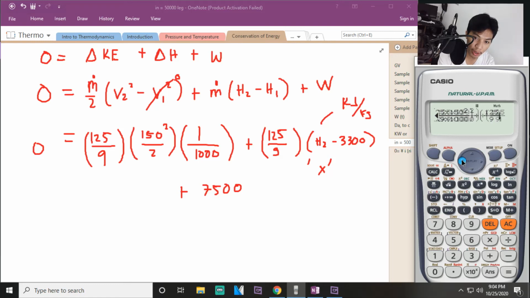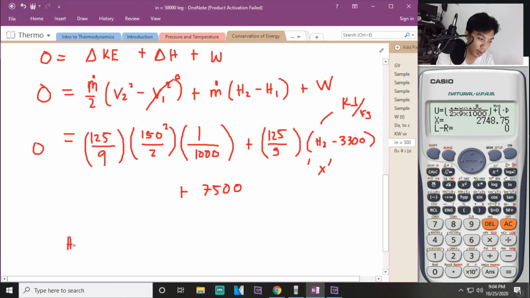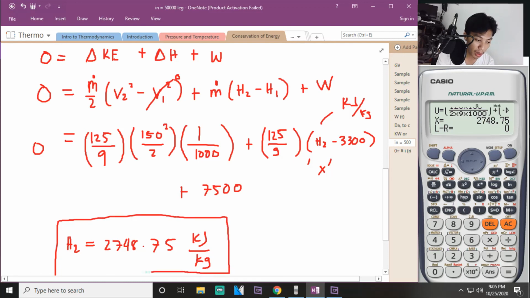And then, multiply natin yung taas niya ng alpha x, kasi unknown to, yung H2, minus 3,300. Yan. And then, add natin ng 7,500. And then, sir, ang next natin gagawin, shift solve, to solve for x. So, x, or the H2, will be equal to 2748.75 kilojoule per kilogram.